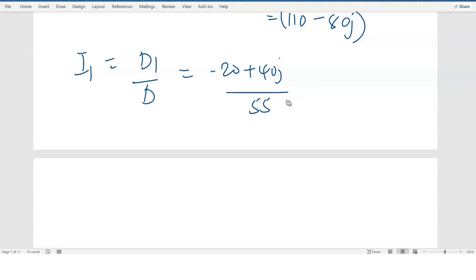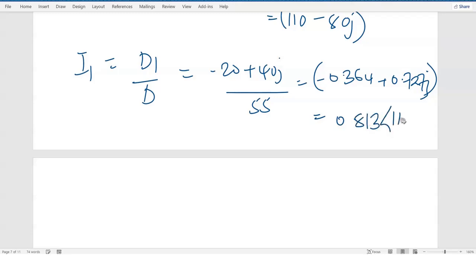So this is giving us I1, which is going to be negative 0.364 plus 0.727j. So the output can also be 0.813 at an angle of 116.57 degrees, and this is in amperes.